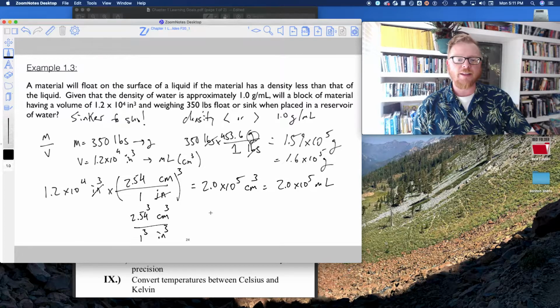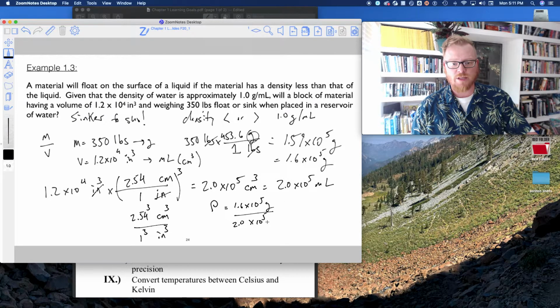So now, finally, to calculate the density, Greek letter rho, it's going to be the mass, which was the 1.6 times 10 to the 5th grams, divided by the volume, 2.0 times 10 to the 5th milliliters. When you plug that in your calculator, you're going to have 2 significant digits. I get 0.81 grams per milliliter.